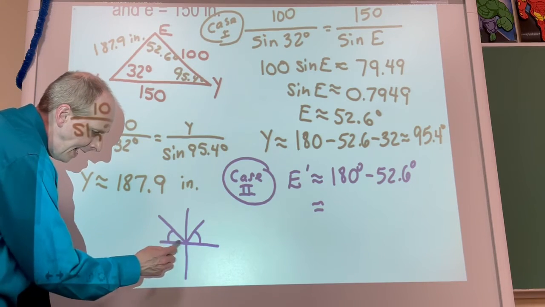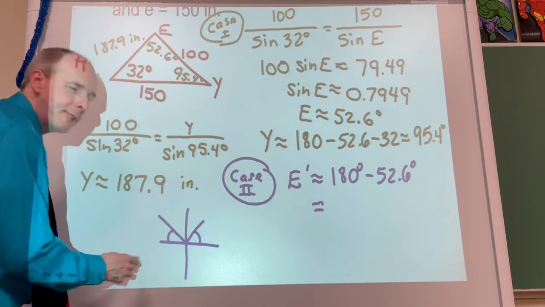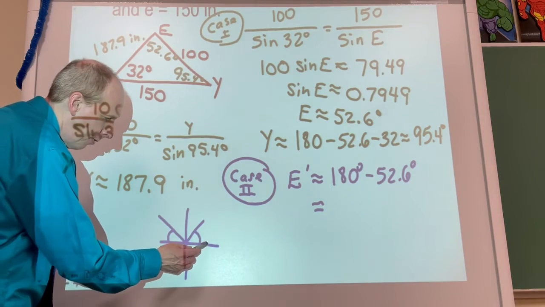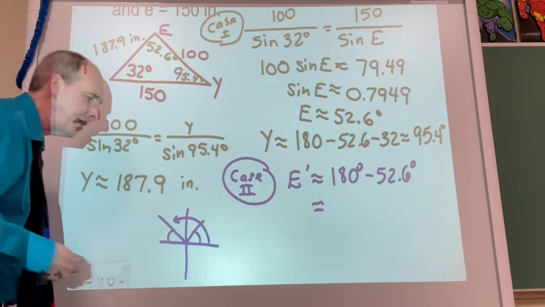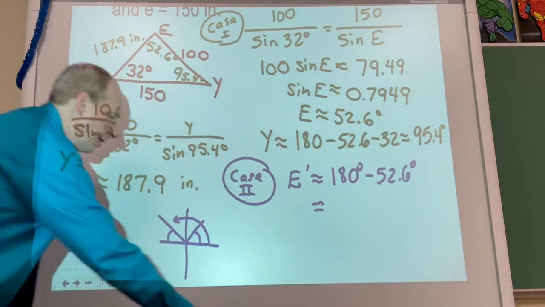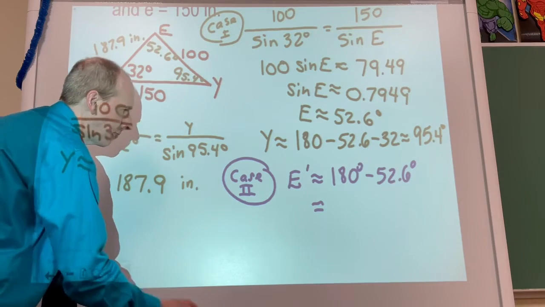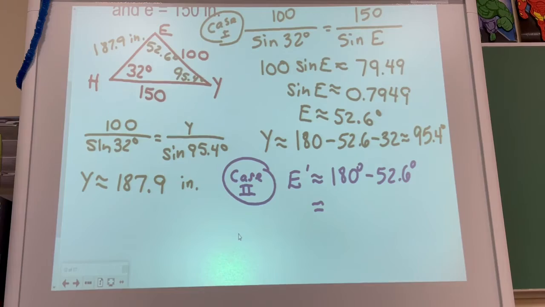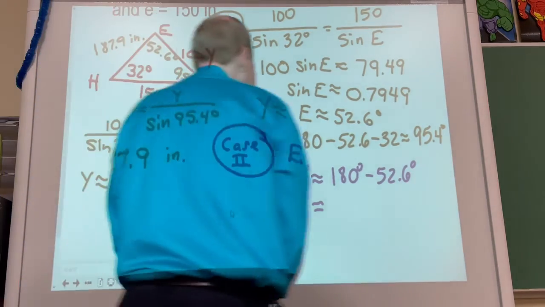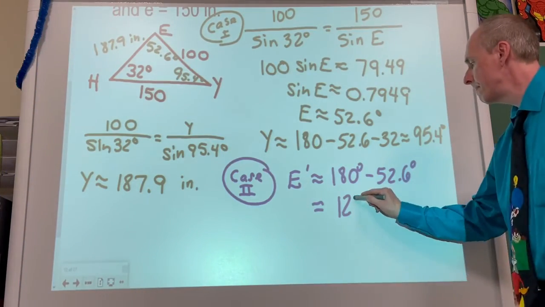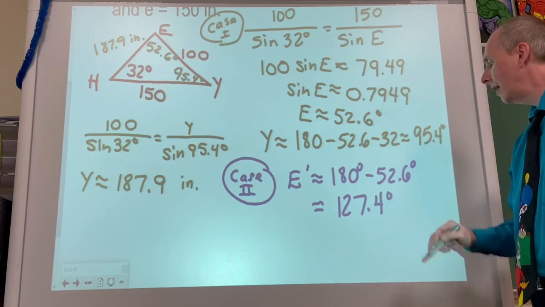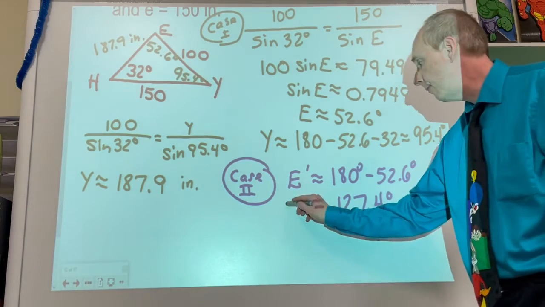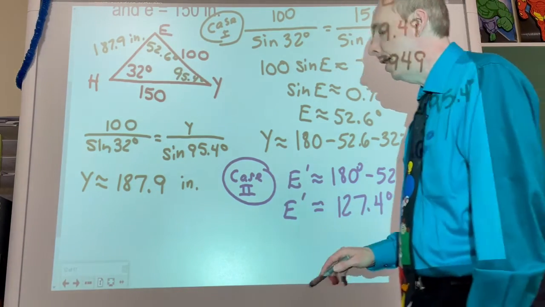So 180 minus whatever that is would give you your big obtuse angle. And that's what we're finding here. So 180 minus 52.6. Got 127.4 degrees for E prime.